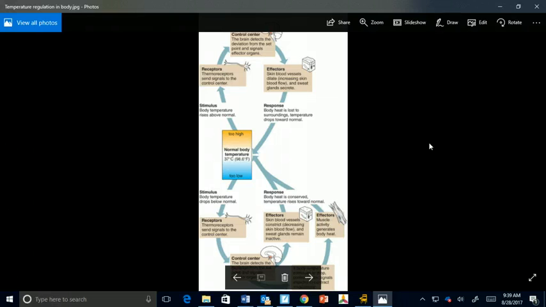Yes, ma'am? Wait, so negative is you closer to the set point, right? So negative, when things move away from the set point, the body does stuff to bring it back. Positive feedback means I move away from the set point, the body does stuff to move it further away, and then does more stuff to move it further away. Until finally, because you're trying to achieve some end, like you want something to happen.